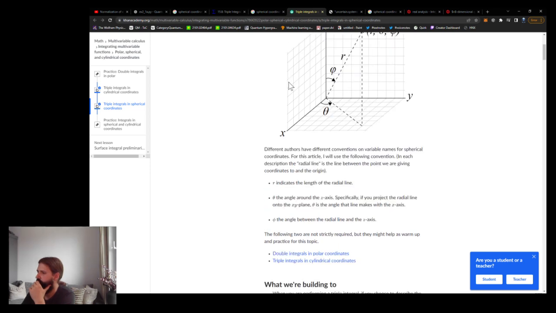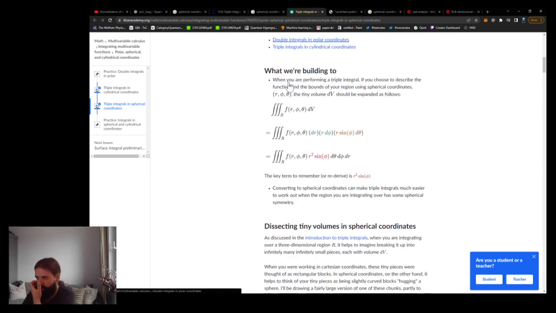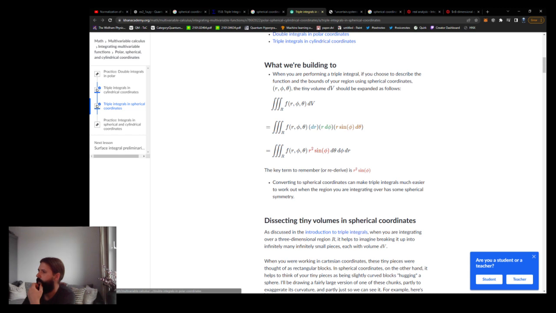And so essentially the saying is like R squared times sine of phi.